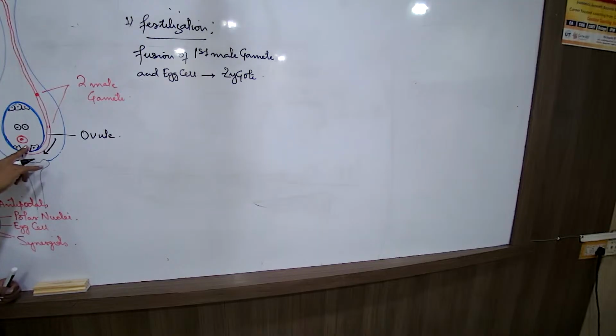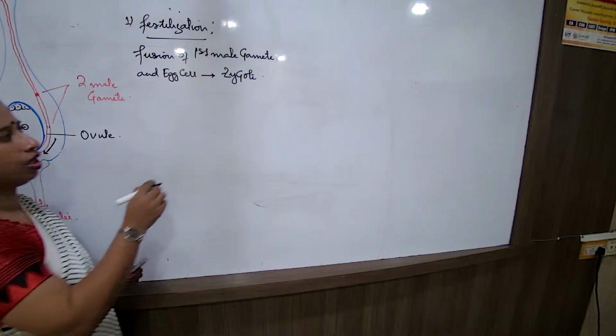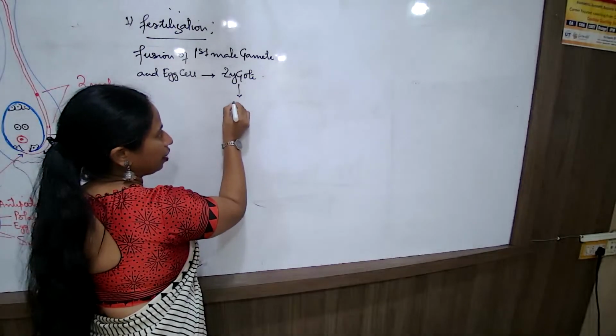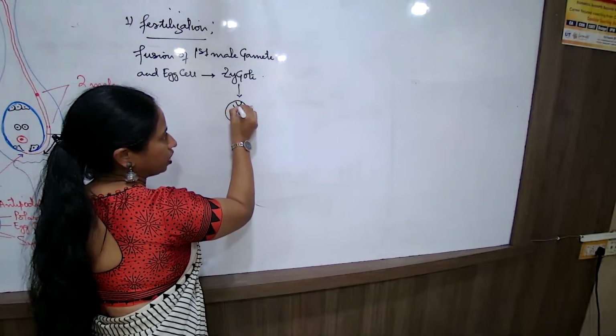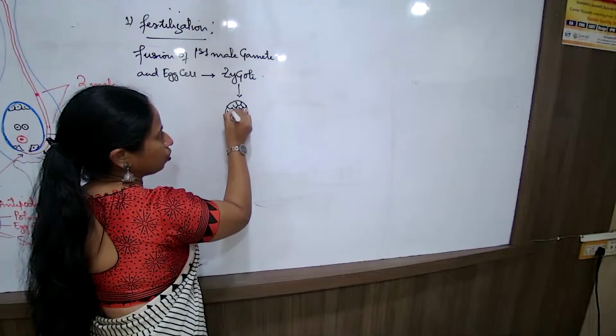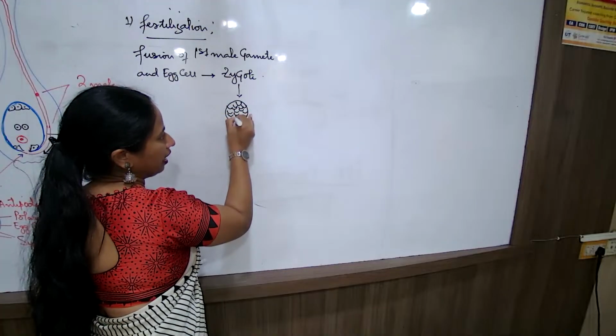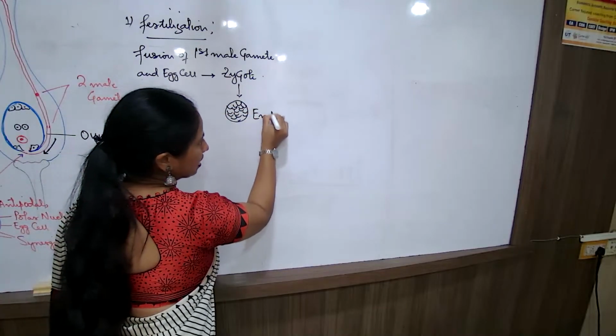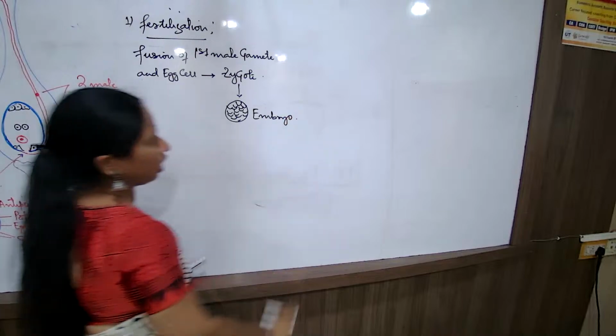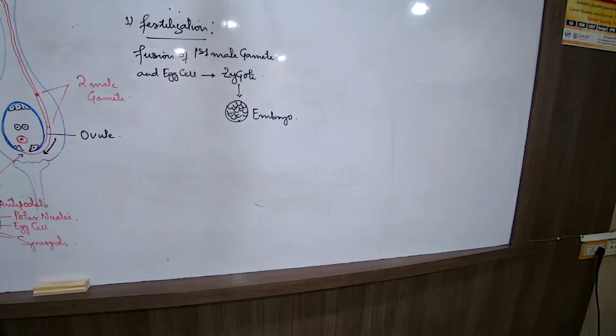But will this zygote remain as it is? No, this zygote will immediately start undergoing cell division, resulting in a multicellular structure, something like this. And this multicellular structure is known as the embryo.